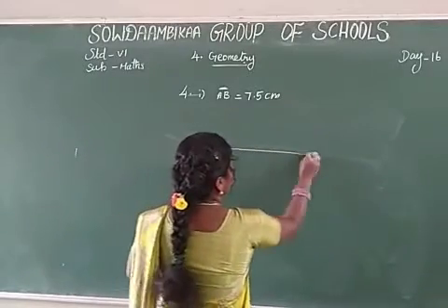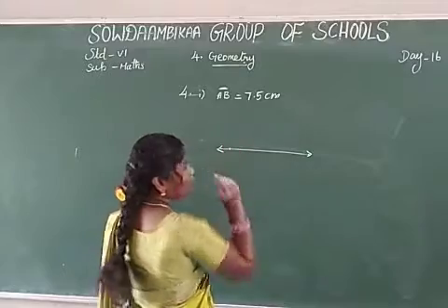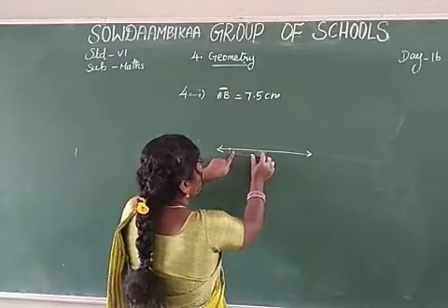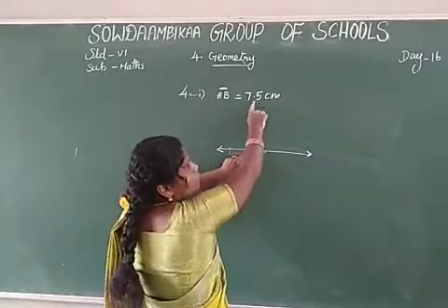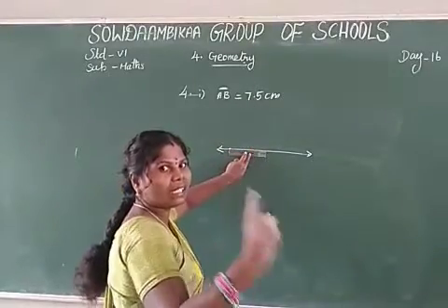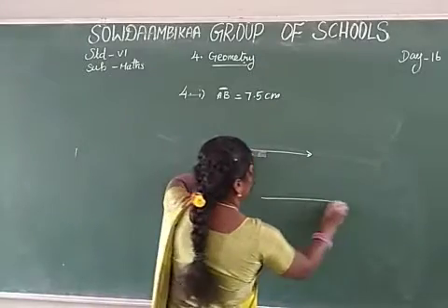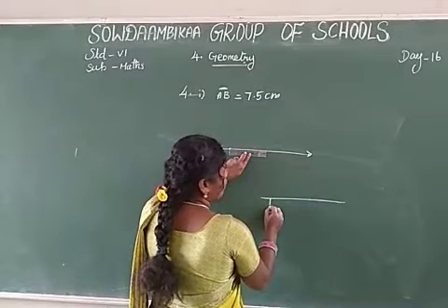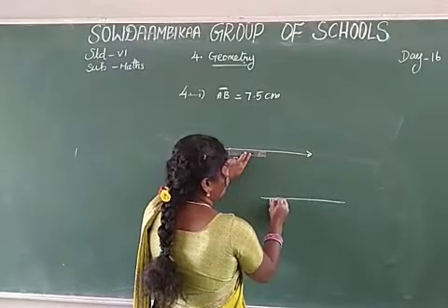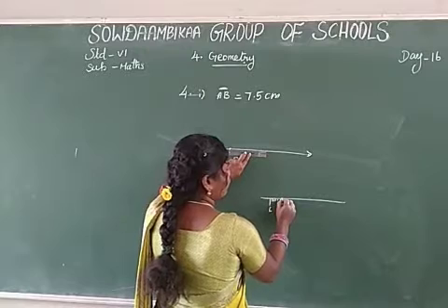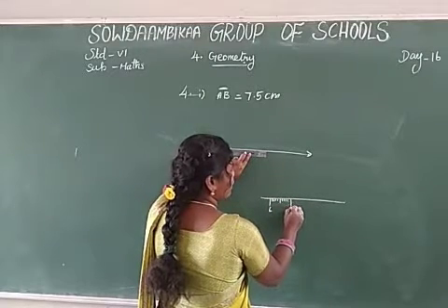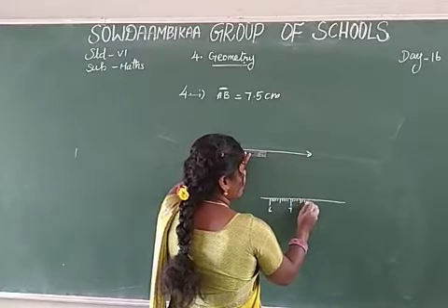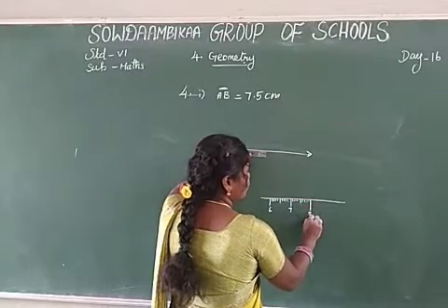First draw the line and put one starting point A. Now put the scale at your starting point. The 7.5 is between 7 and 8. Here 1, 2, 3, 4, 5, 6, 7, 8, 9, 10, then 7; 1 to 10, then 8.